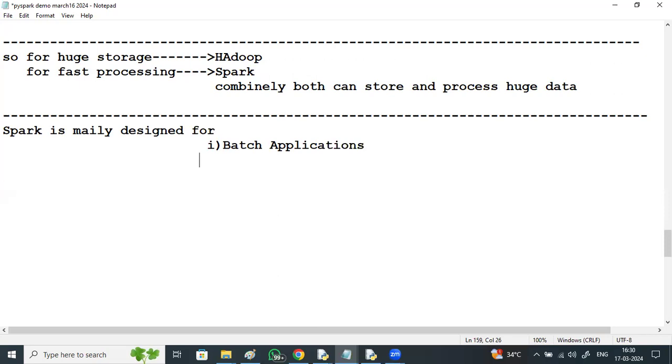So for huge transactions, for batch applications, and for iterative algorithms. Most of these data science and ML algorithms are iterative in nature, so we keep on applying the same algorithm on the input data until the error becomes zero. They're also designed for interactive queries, some kind of querying.